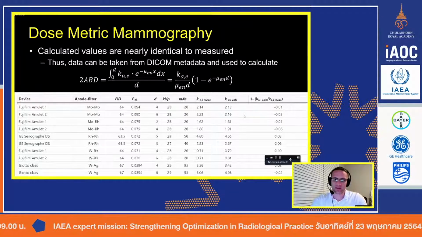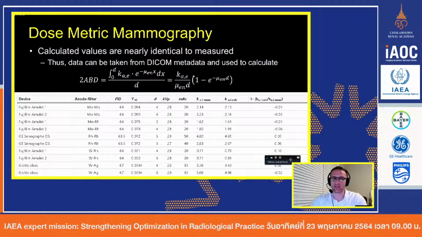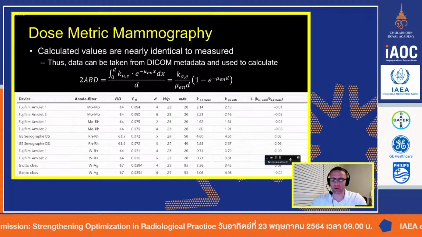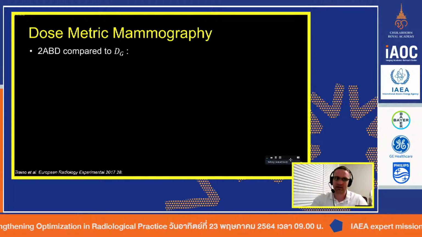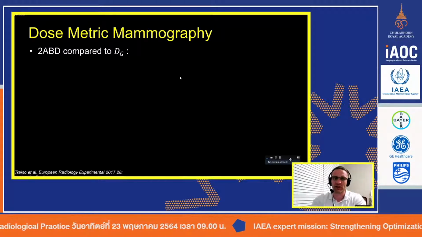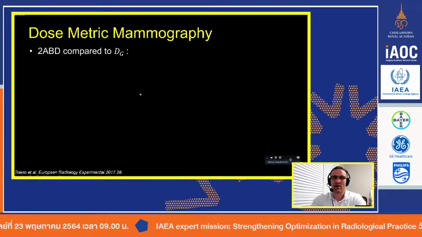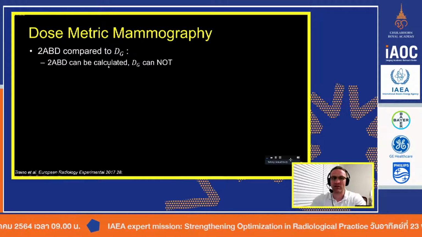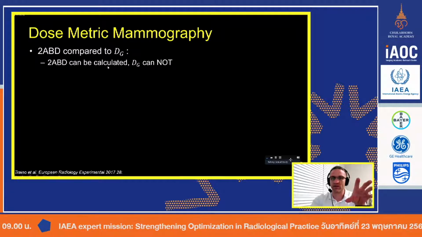And that is why 2ABD is becoming a very powerful dose metric, and why I think at some point in the near future, 2ABD is going to replace the mean glandular dose calculation. 2ABD can be calculated based on DICOM data.